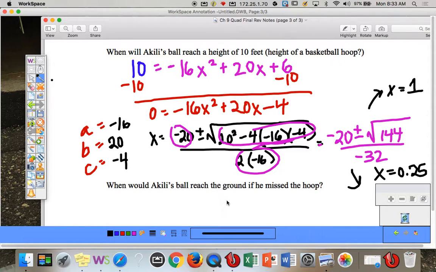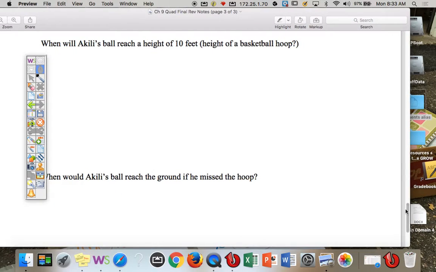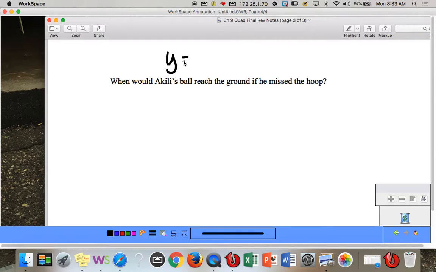When would Achilles' ball reach the ground if he missed the hoop? So then we have this equation, negative 16x squared plus 20x plus 6. This is what you're going to use for a, b, and c now. So quadratic formula one more time, and then that would tell you when it would hit the ground. So again, here's his equation. He has negative 16x squared plus 20x plus 6.